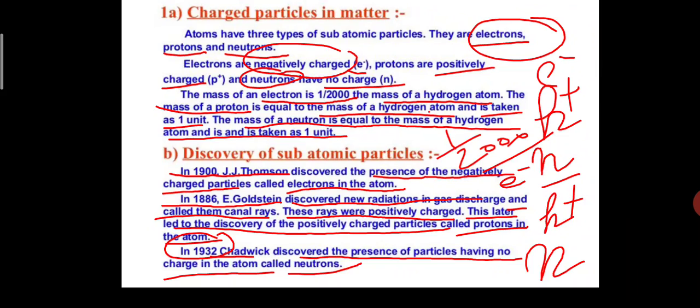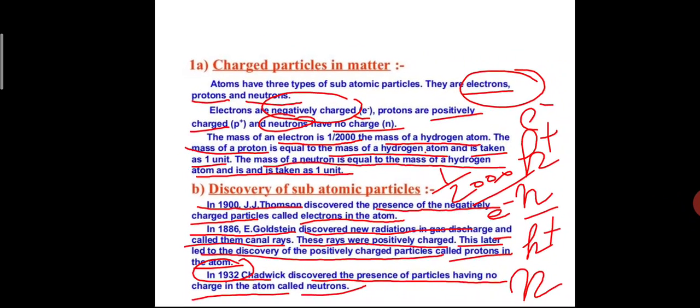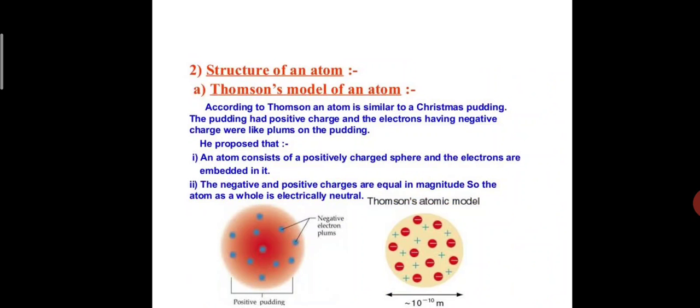You understand this: charged particles in matter and the discovery of the subatomic particles. What are the three types of subatomic particles? Electron, proton and neutron.